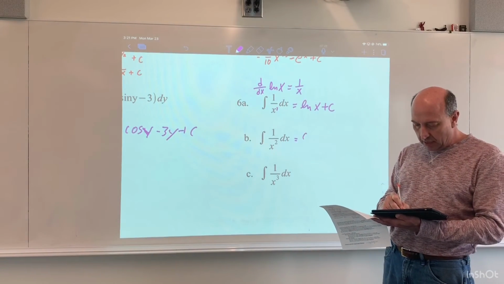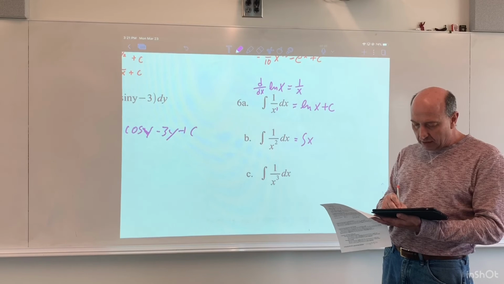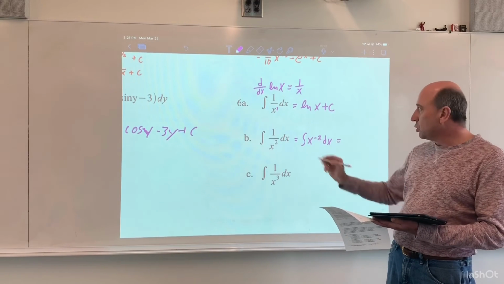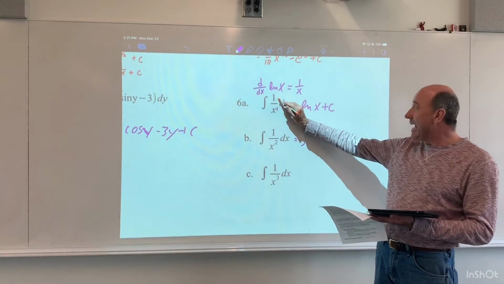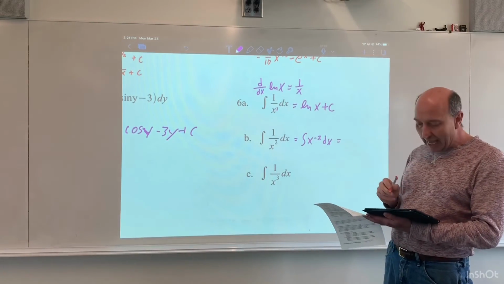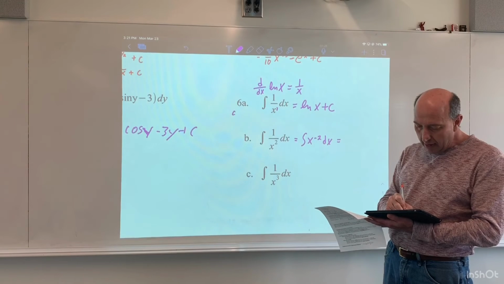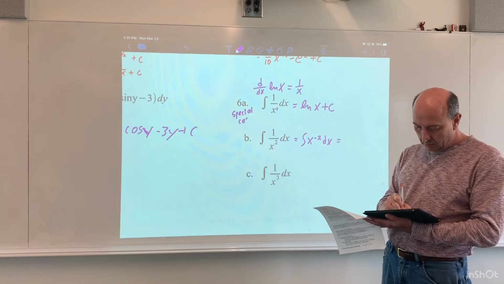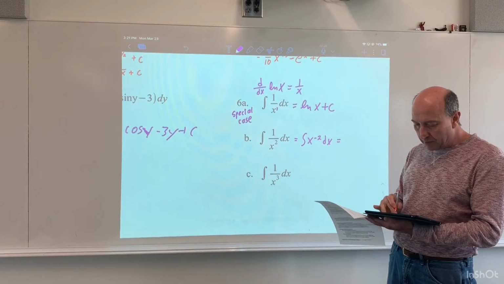So this is the same as the antiderivative of x to the negative 2 with respect to x. So we didn't flip this one to the top because it was our special case. So A is our special case. The rest of them will flip to the top.